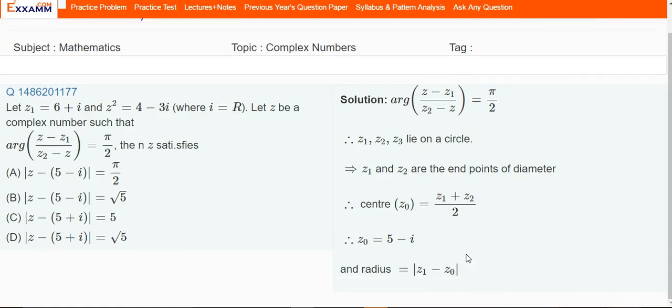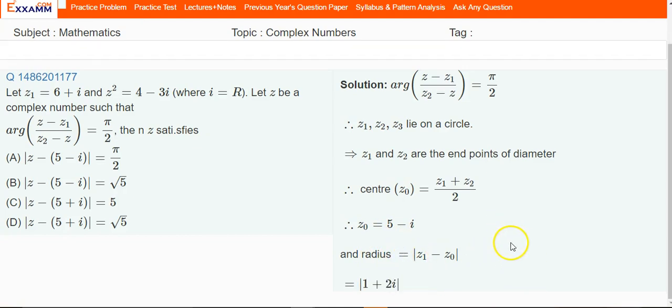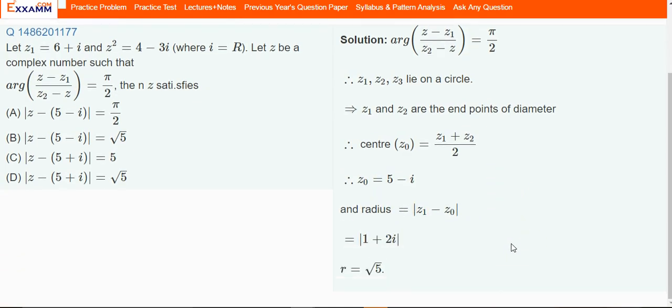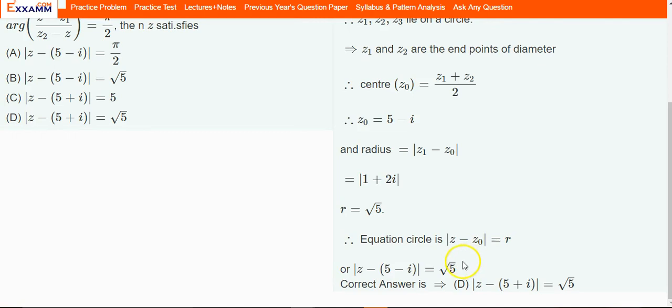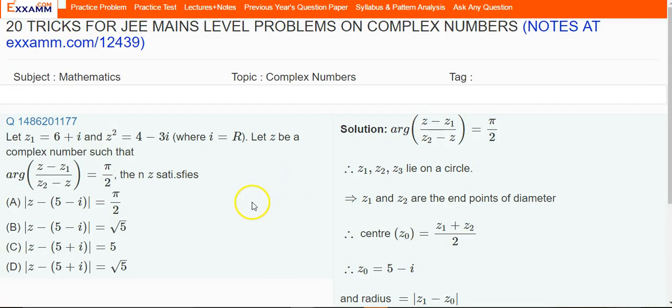The radius would be modulus of Z1 minus Z0, which is modulus of 1 plus 2i. So R would be root 5. So the equation of the circle is modulus of z minus (5 plus i) is equal to root 5. So this problem becomes very easy if our concepts are clear.